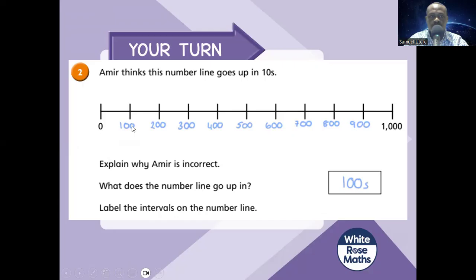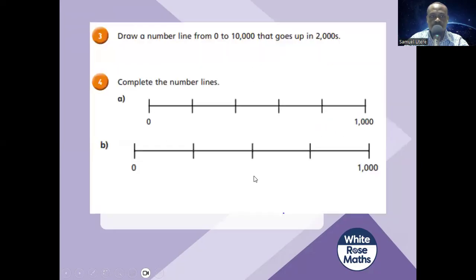So we have 1, 2, 3, 4, 5, 6, 7, 8, 9, 10. So we should be doing 1,000 divided by 10, which is 100. So the interval is increasing by 100 each time. So if we want to complete the number line, we're going to complete it like this.